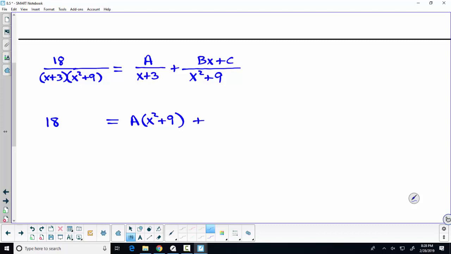I like to write it as. Are we writing this also as like 0x squared? Yeah, you can do that if you need to. If you can keep track of the coefficients easily, then I wouldn't worry about it.